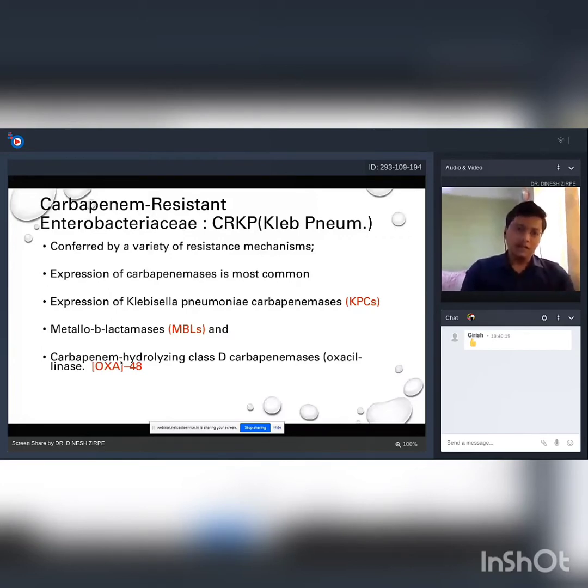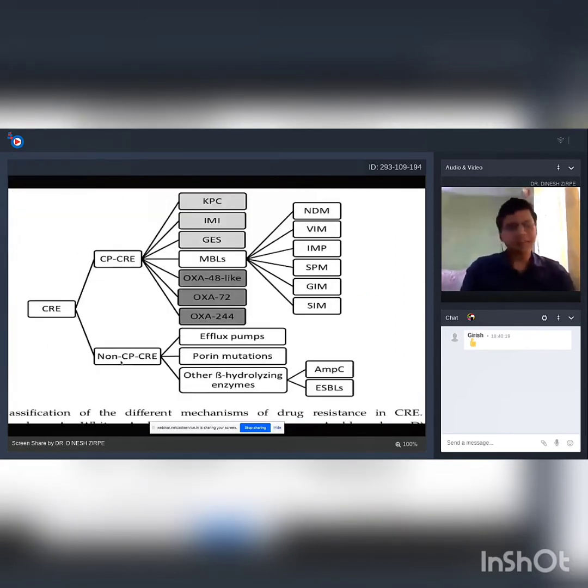So let us go to the classification of CRE. It becomes a little bit complicated, but we'll simplify it. CRE, carbapenem resistant Enterobacterales, is commonly seen nowadays, like Klebsiella pneumoniae which is resistant to everything except colistin.